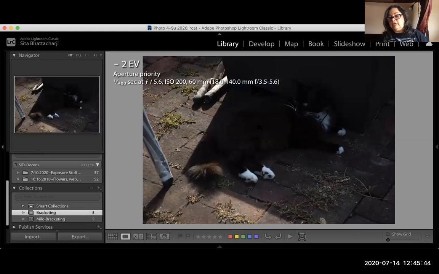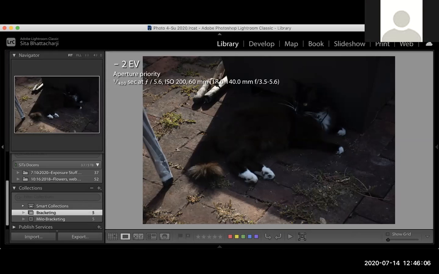The shadows have almost disappeared. They're almost like a black hole. The midtones, the bricks here and the grass and stuff, those are way too dark. And even the brighter areas are looking actually pretty good, and only the very brightest highlights are still highlights.